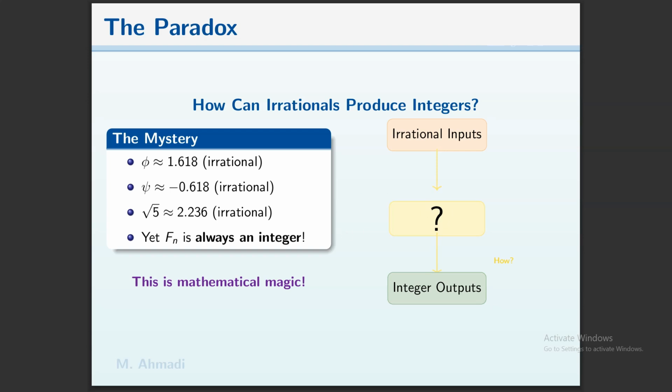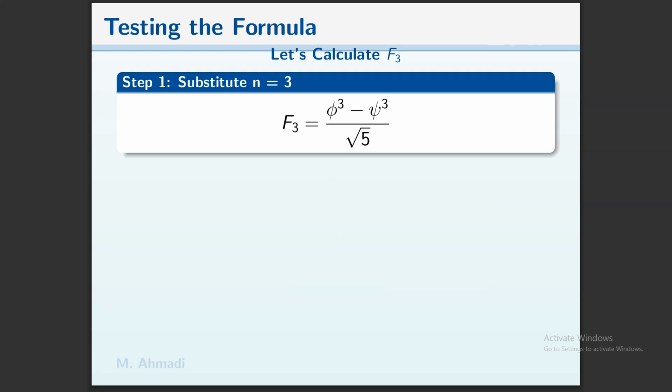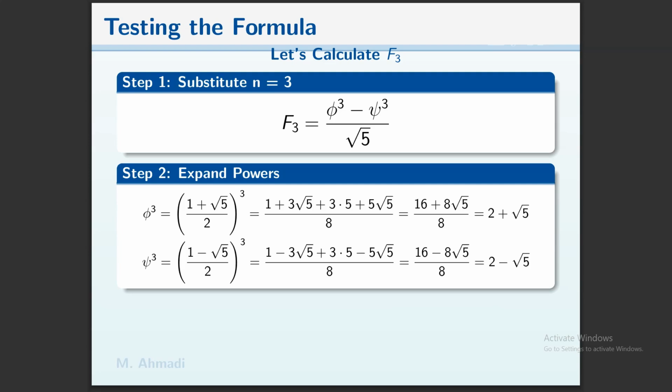Here is the process: how the calculation receives the irrationals and generates integer outputs. Let's calculate F3, for n equals 3. F3 equals phi to the 3 minus psi to the 3 over square root of 5. Step 2: expand the powers.